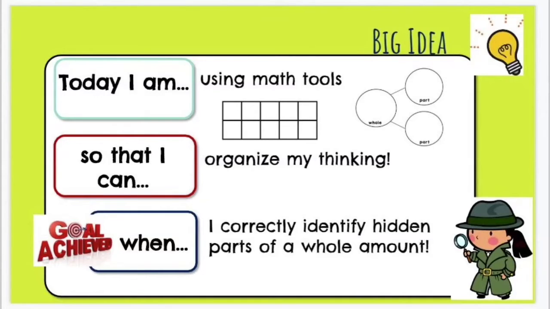We're still going to be number detectives today. Our goal will be achieved when we correctly identify hidden parts of a whole amount. That's why we're using those math tools, so that we can stay organized and have an easier time accomplishing our goal.